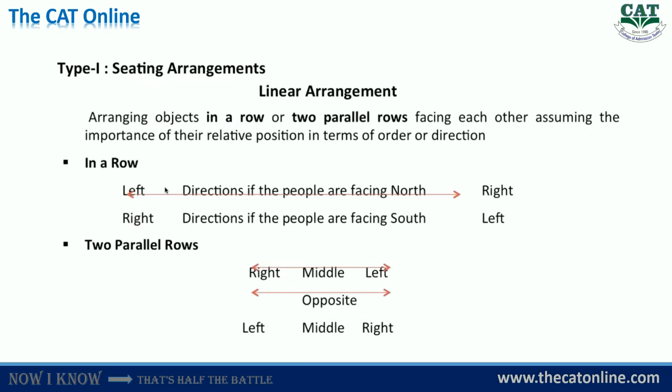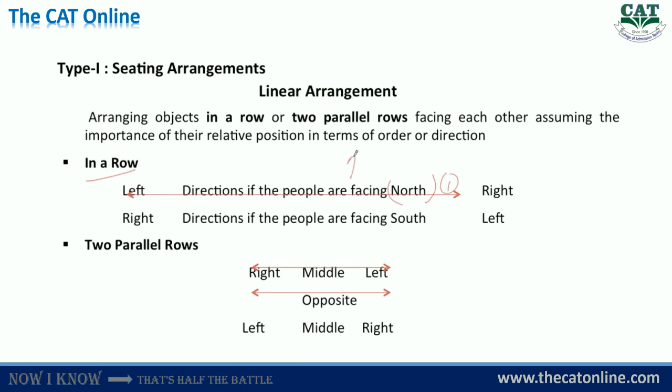Now, few things that you need to take care of. In linear arrangement, there are two types. One, there will be a single row. If people are facing north, this is our first case.